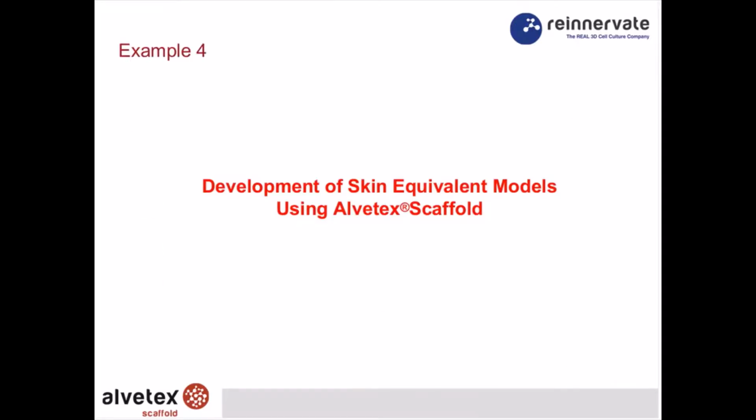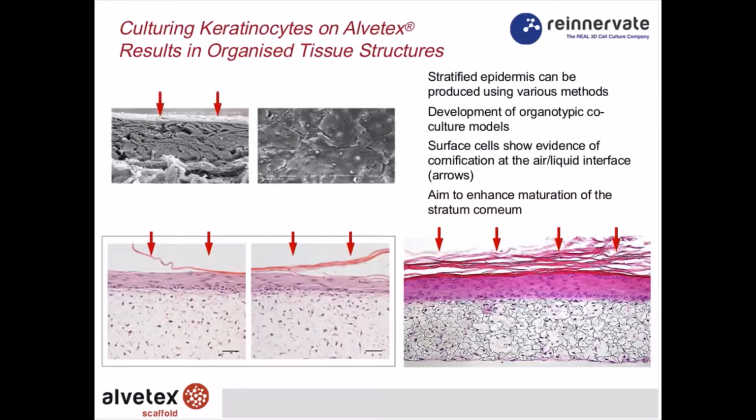Okay, so another example is a skin model that we've developed. This is the culture of skin keratinocytes and dermal fibroblasts in Alvetex. The objective is to produce a differentiated skin with a stratified epidermis and cornification at the surface to create what is known as the stratum corneum. This is what the arrows are pointing towards here. These are two different examples.